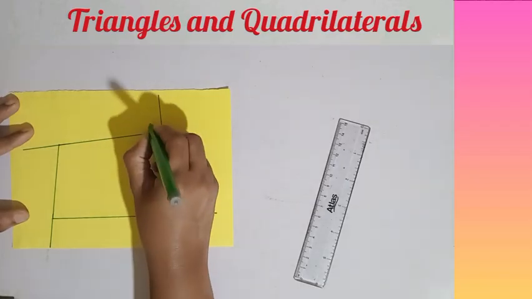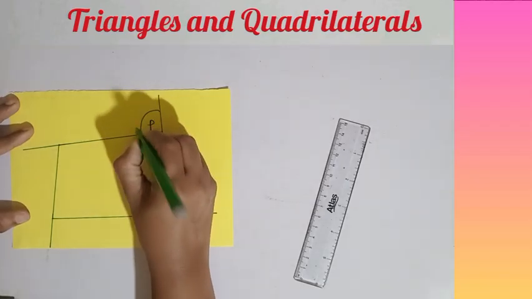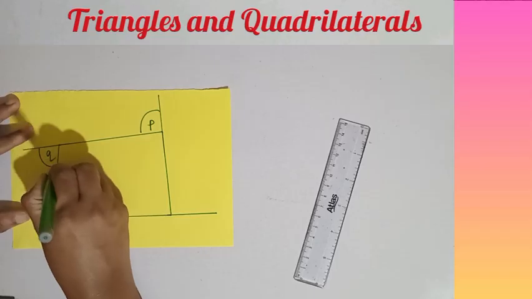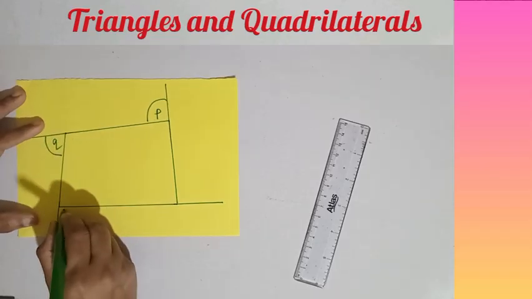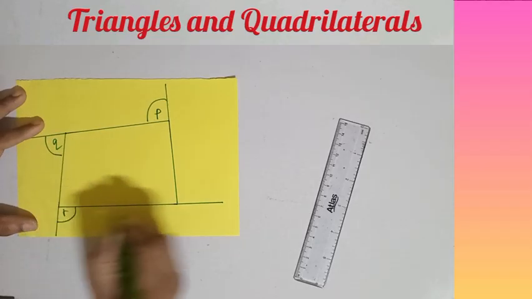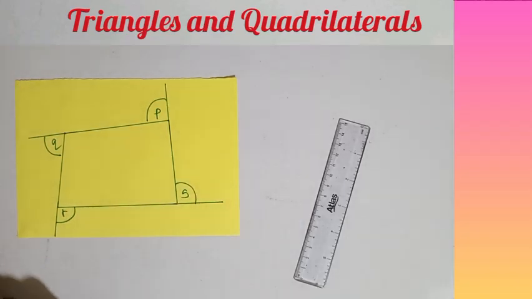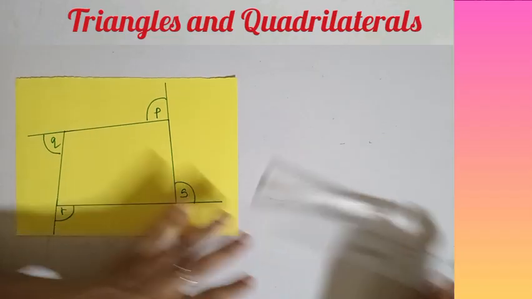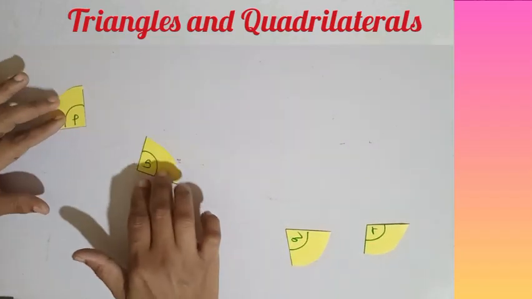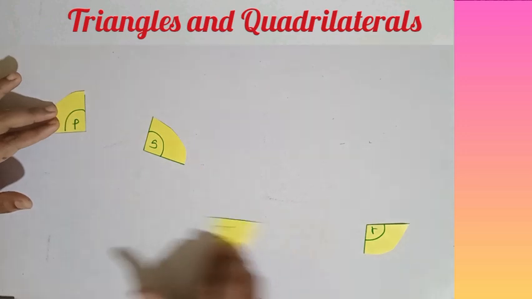Now we can name the four exterior angles as P, Q, R and S. Let's cut out the four exterior angles in the same way we did earlier. Now I have cut out the four exterior angles.